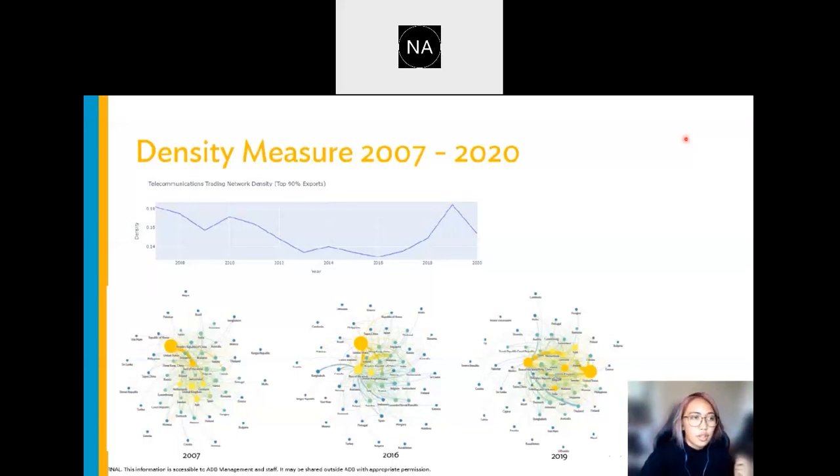And then lastly, I tried to see how the network chart evolved over time, and I used the density measure as a measure of the evolution of the network chart. So remember that the density measure measures the total connections of your network versus the total possible connections.